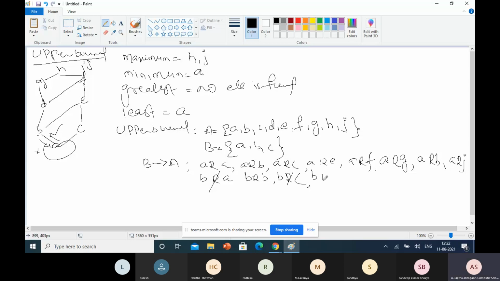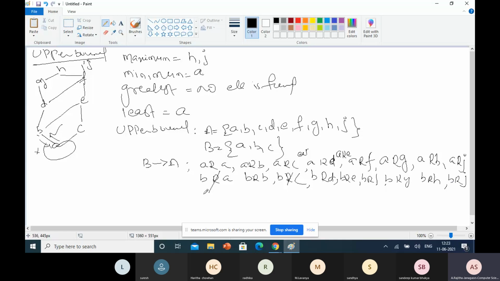B relates to D, A relates to D as well as A relates to E. Okay, B relates to D. Next B relates to E, B relates to F, B relates to G, B relates to H, B relates to J.